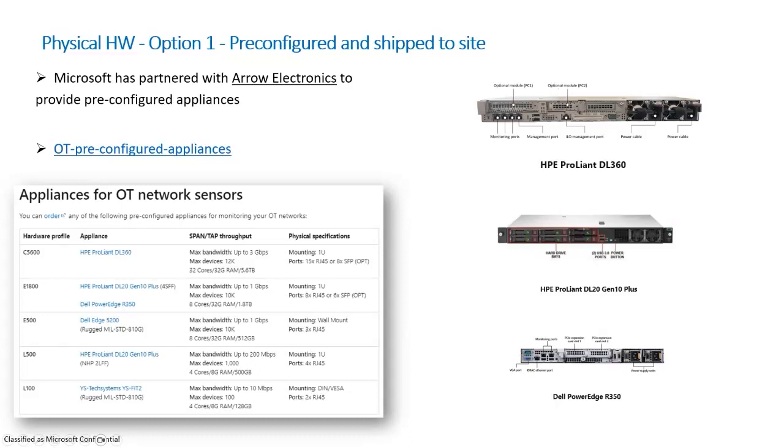So these are examples of the different sensor profiles we have. We partner with two hardware vendors, Dell and HPE, and we have options depending upon the need of the site. So if a customer determines their site to be receiving a maximum bandwidth of 1 Gbps and the maximum number of devices is 10K, then they have a couple of options. The hardware profile will be E1800, and they have an option of picking between the HPE and the Dell PowerEdge.